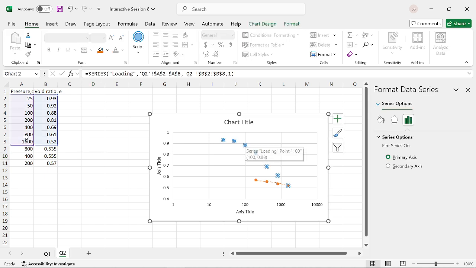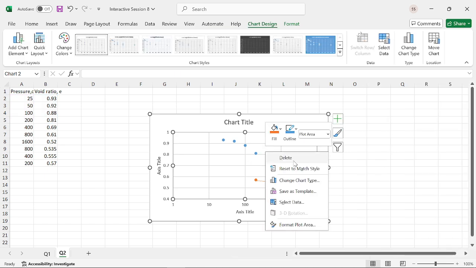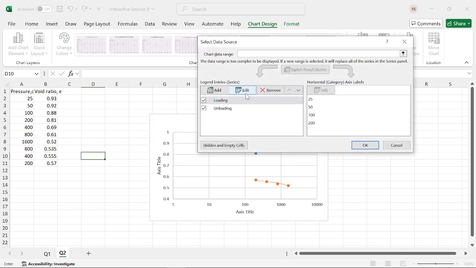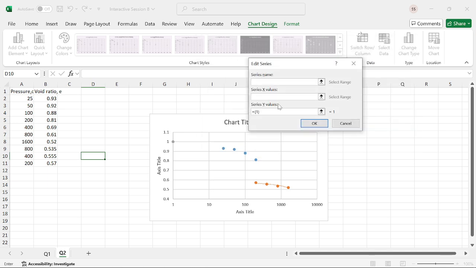Up till 200, let's take normally consolidated loading. This is normally consolidated loading. No, this is over consolidated loading. Sorry. Okay. Then we add normally consolidated loading.